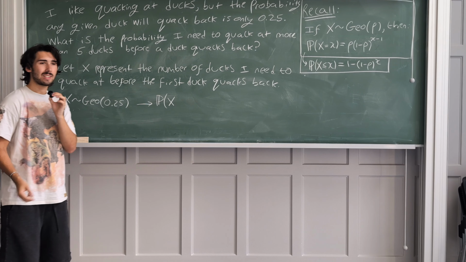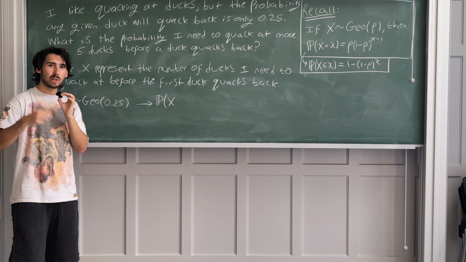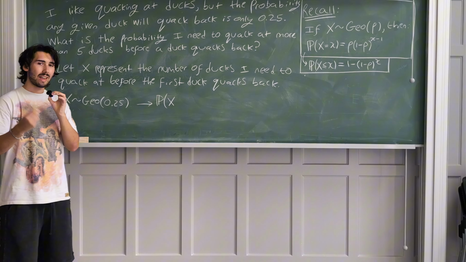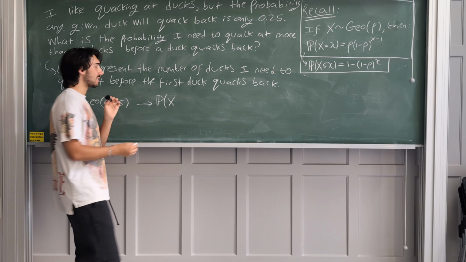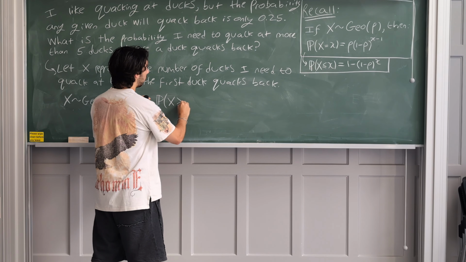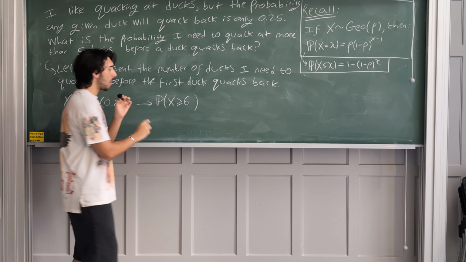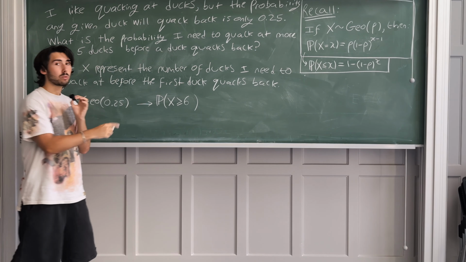And normally in statistics, you want to deal with bigger than or equal to's or less than or equal to's. So I'm going to say x is greater than or equal to 6. That's the same thing as x is bigger than 5, because x can't be 5. It needs to be more than 5. So I'm talking about 6, 7, 8, 9, 10, etc.